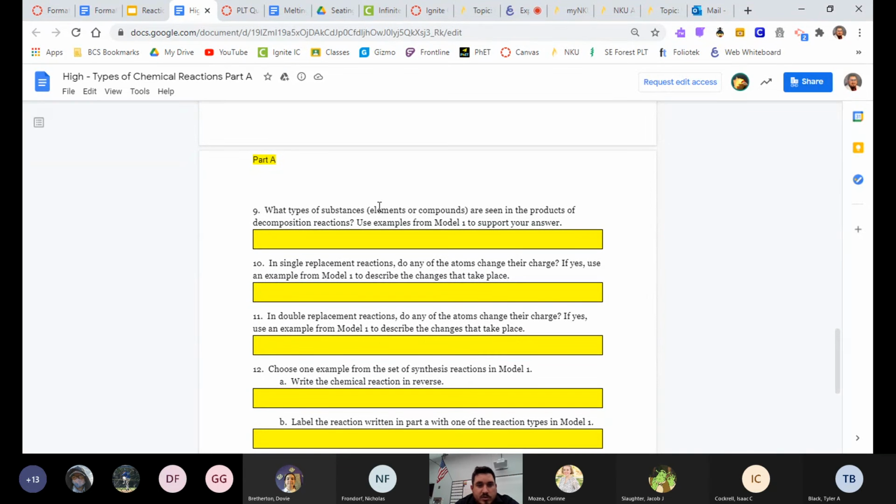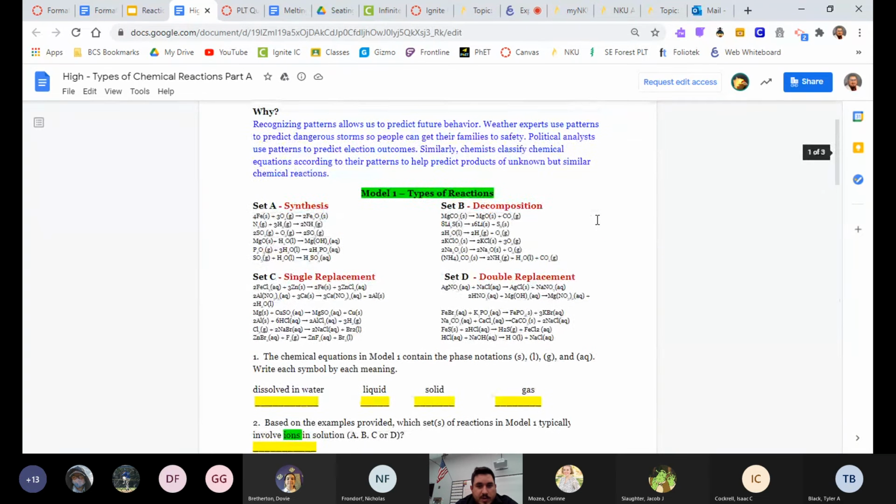What type of substances, elements or compounds, are seen as products of a decomposition reaction? We're looking for the products of decomposition.